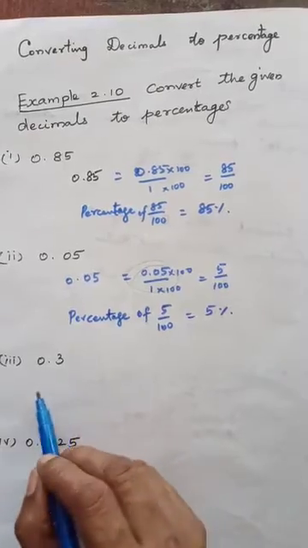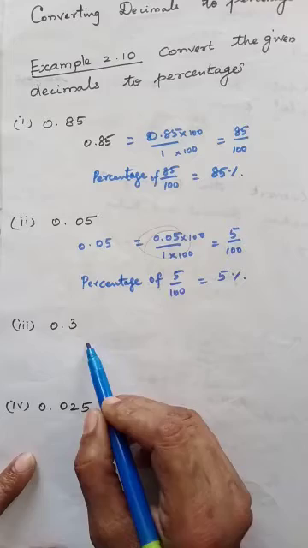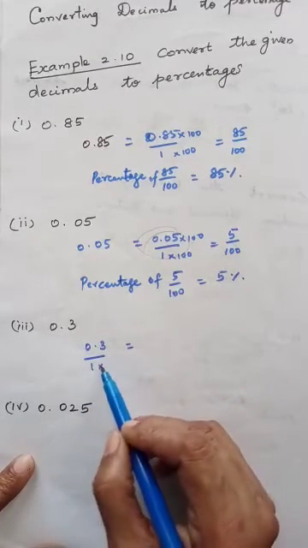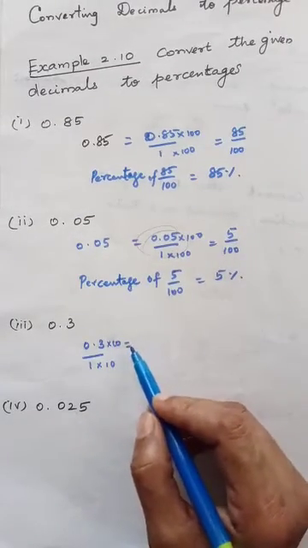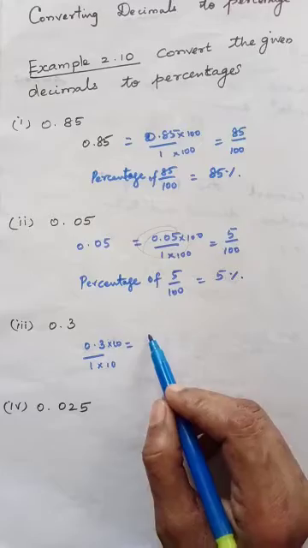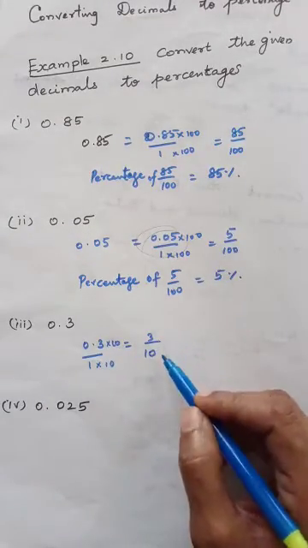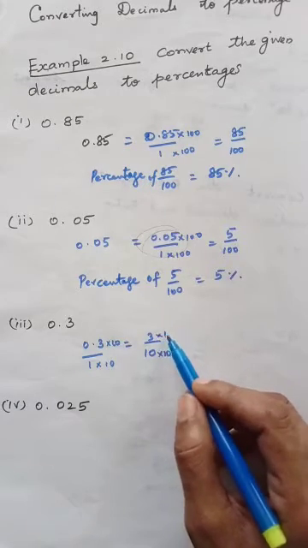Now 0.3, third problem. You have to change this to fraction. So you have to multiply both numerator and denominator by 10, isn't it? It will come as 3 by 10. Now we have to change this to percentage, which means the denominator must come as 100.